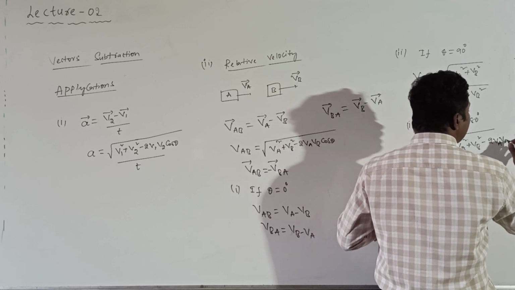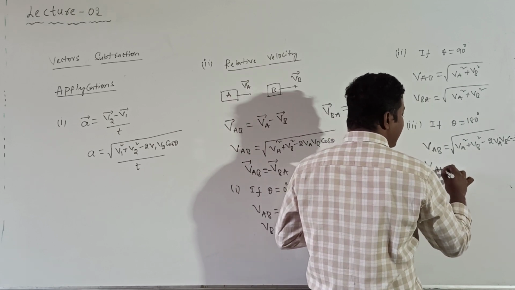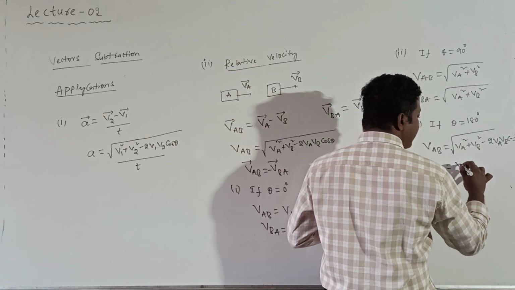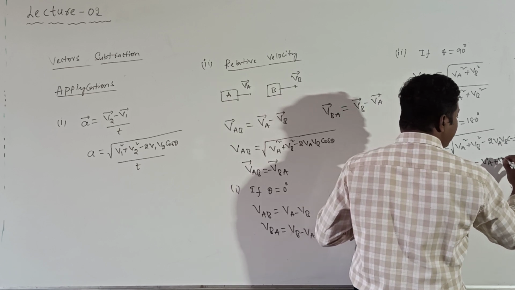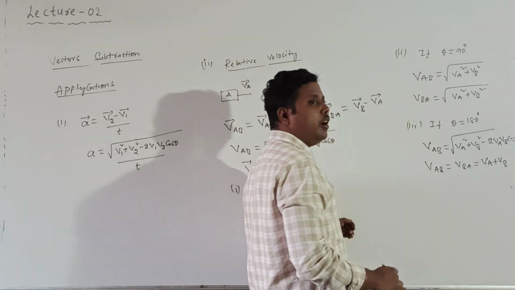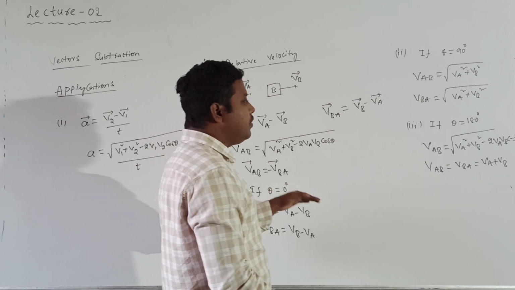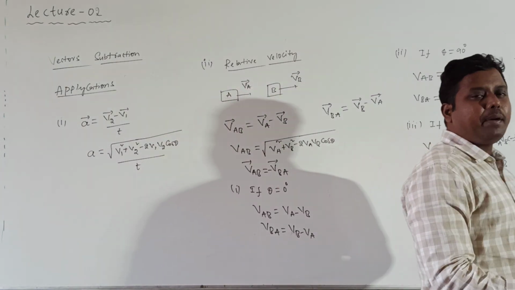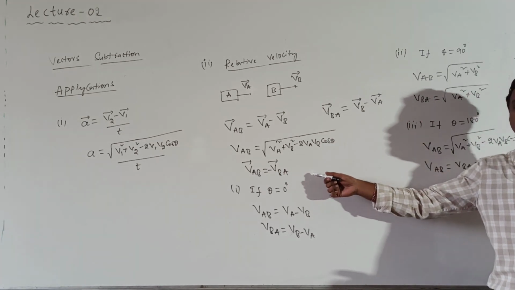Cos 180 is minus 1. So the magnitude of VAB will be equal to VA plus VB. Whenever two bodies are moving in opposite directions, the magnitude of relative velocity is VA plus VB. When they are moving in the same direction, it is VA minus VB.